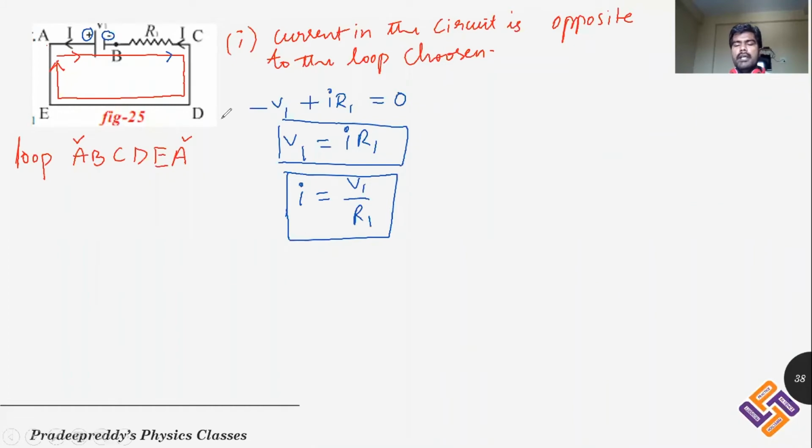In such cases, you will use Kirchhoff voltage law as well as current law, and you will find out potential drops as well as currents in the unknown paths of that particular circuit. Okay, so this is the way you will use Kirchhoff voltage law, and we will be finding out the current in the circuit if there is one single path.